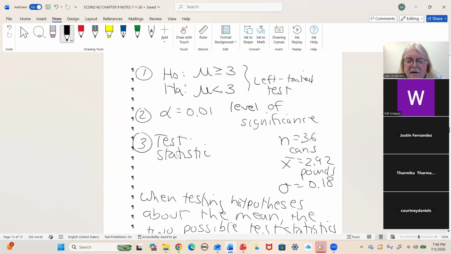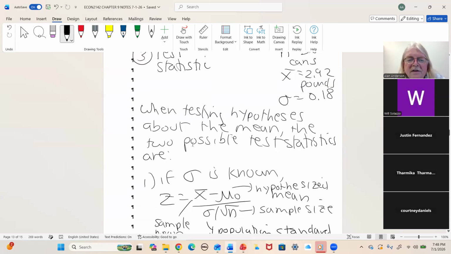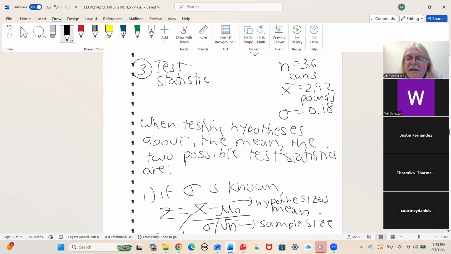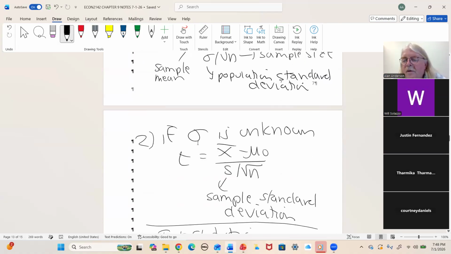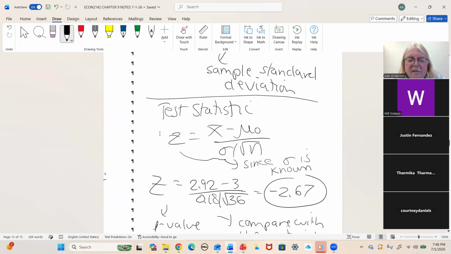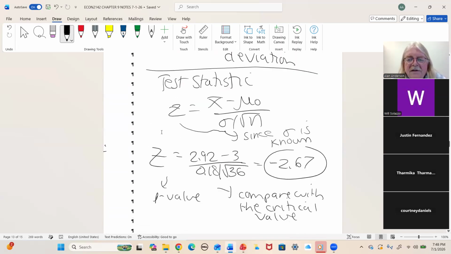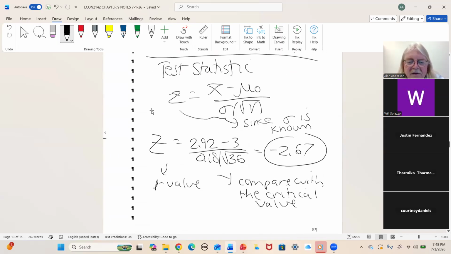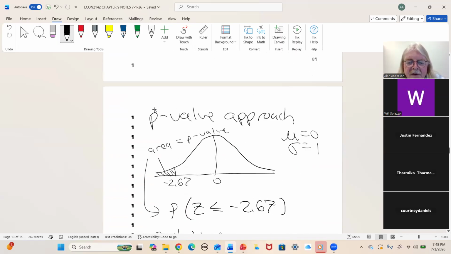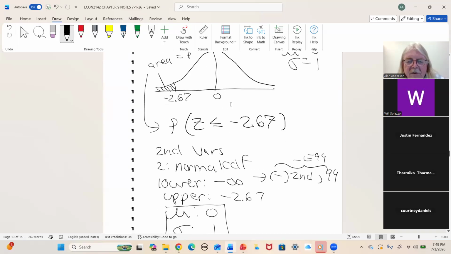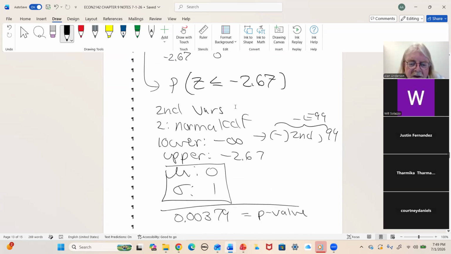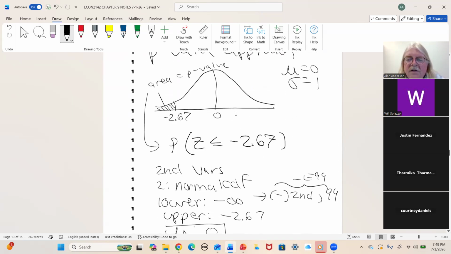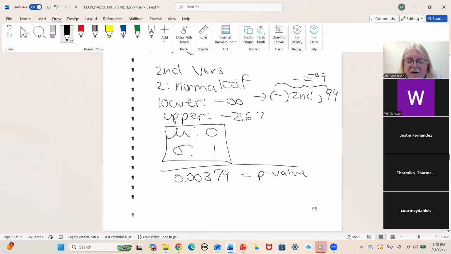We've already seen how the test statistic will depend on the data that we were given. The way we calculate it is slightly different. So there's our test statistic. Then we compare it to the critical values, which you can think of as our benchmark. So here with the p-value approach, we figured out the p-value, yeah, 0.00379, which is smaller than alpha, which means we reject the null.